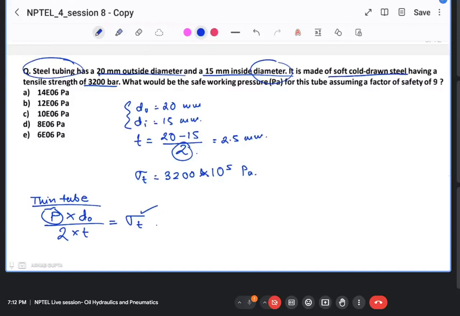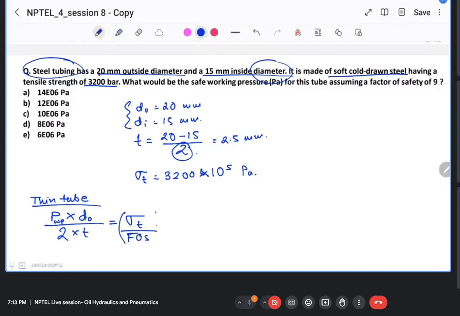So to calculate the working pressure, you have to divide it by the factor of safety.